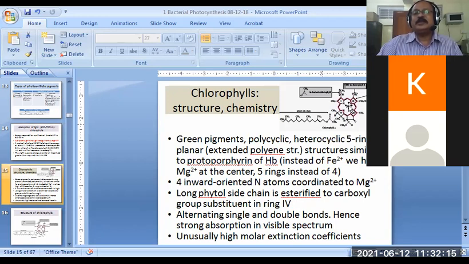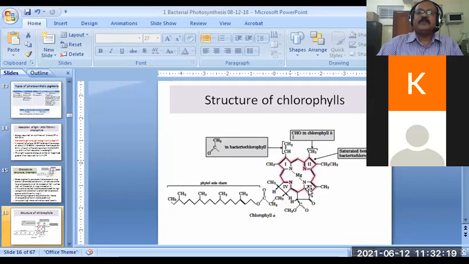If you look at this polycyclic structure, you will find that there are alternating single bonds and double bonds. Can you see that? Single bond, double bond, single bond, double bond. This particular type of structure is very, very important.